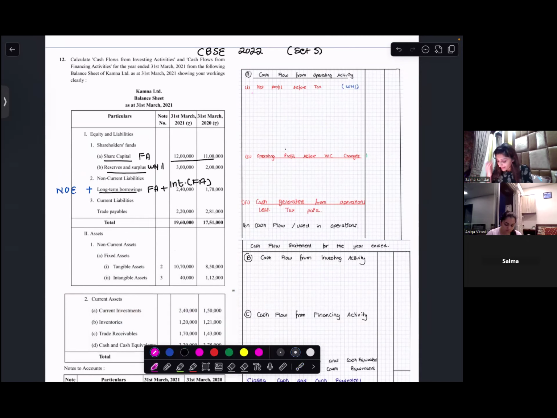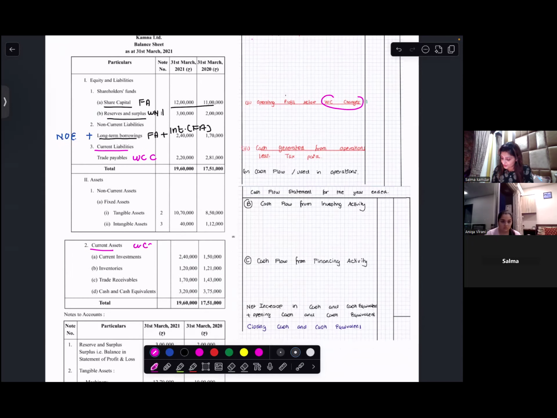Now you have your current liabilities. Where would it come? Operating activities, your working capital changes. Current liabilities and current assets all come in WCC, so we mark it as working capital changes. Shareholders' funds you will mark as financing activities, reserves and surplus you will mark working note number 1, borrowings you will mark financing activities, and even the interest on it would be financing activities.